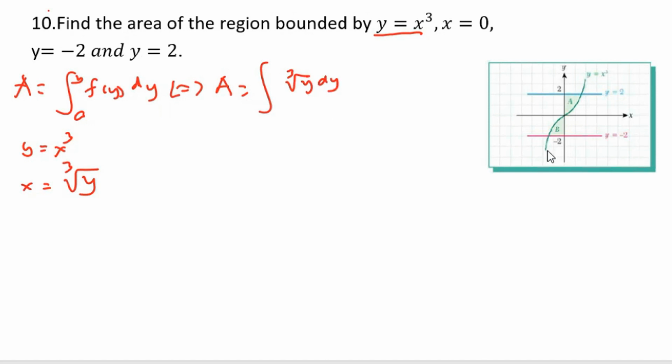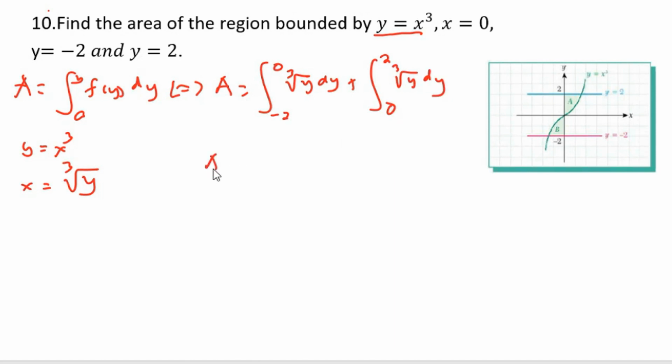And looking at the graph, we can start first from -2 to 0. This is from -2 to 0 plus the other one from the area A. So we can write from 0 to +2, which is the integral of the cube root of y dy.